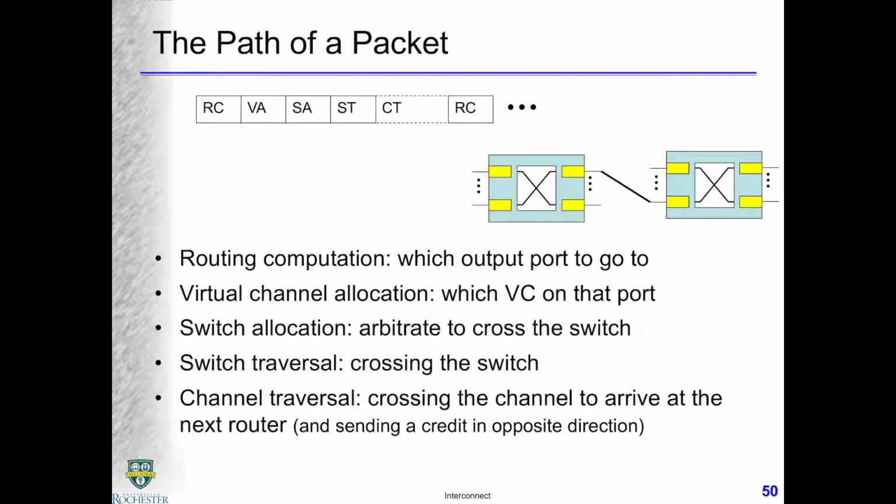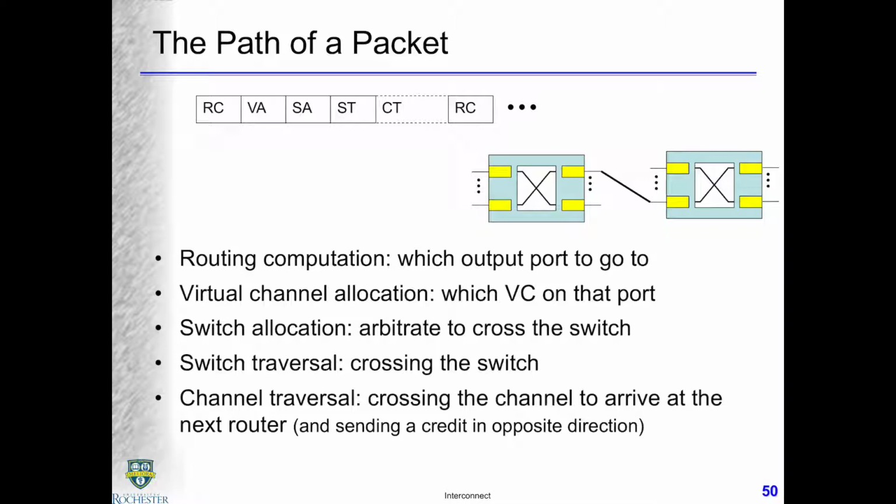It's canonically broken down into 4 stages. This is very much like your 5-stage RISC pipeline. It's a conceptual thing. It doesn't have to be these steps. You can have many more stages in your pipeline, as we will see in one example later on.